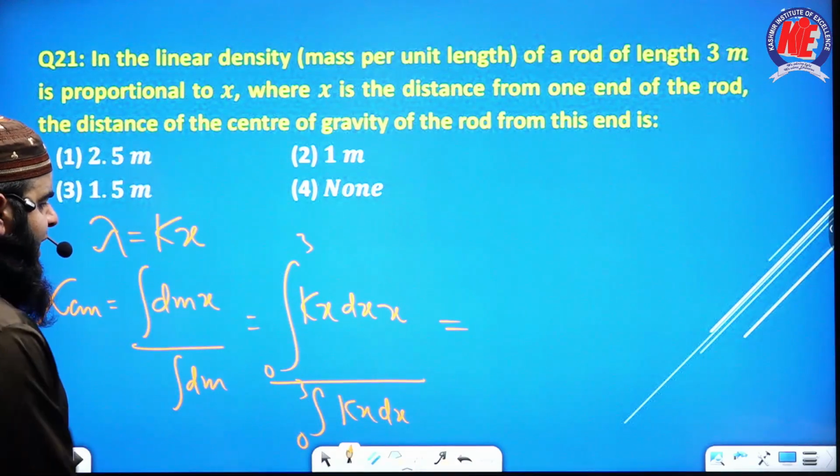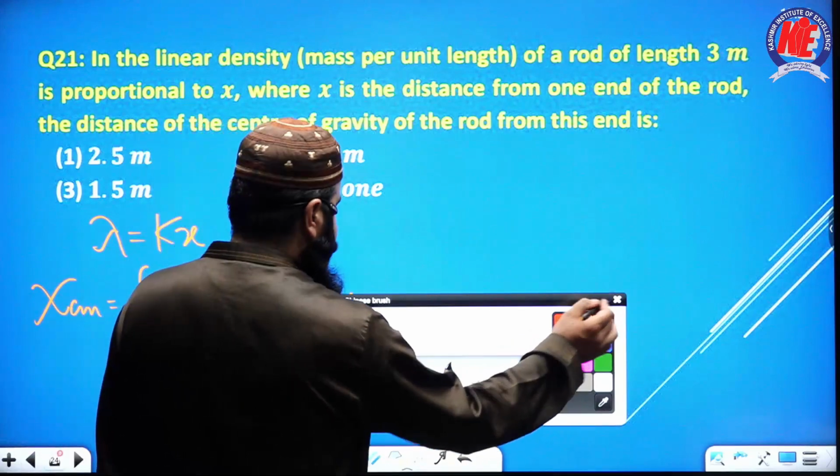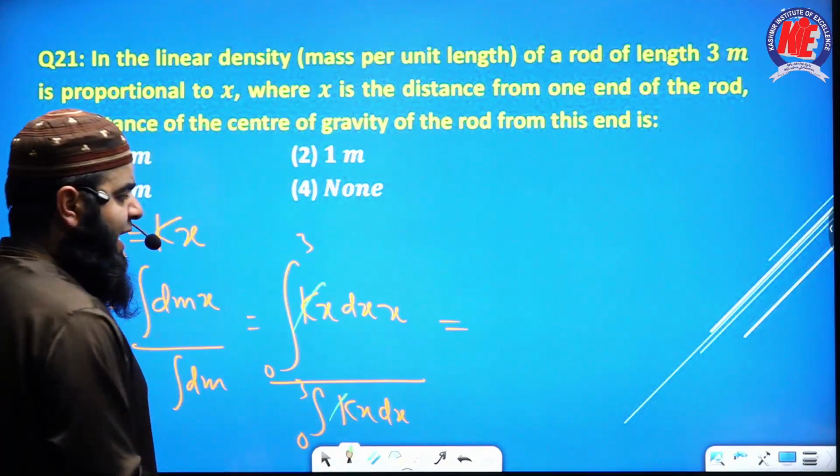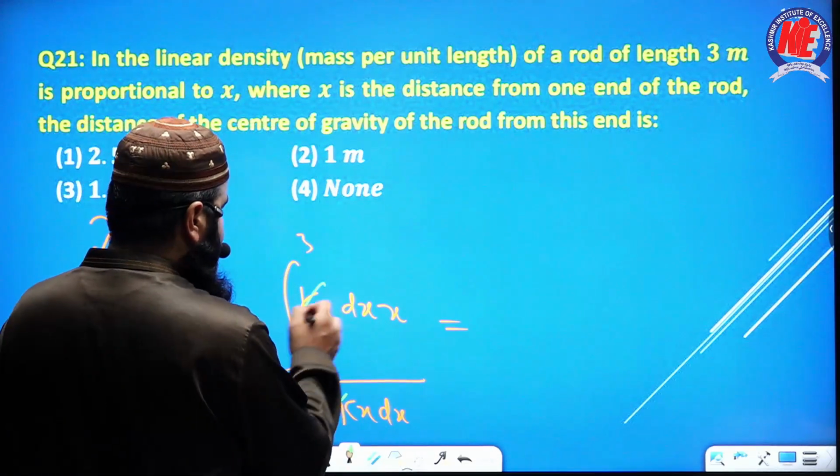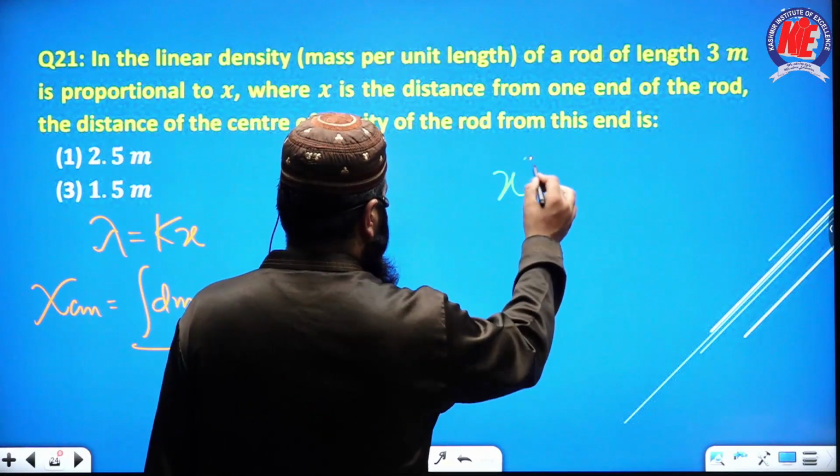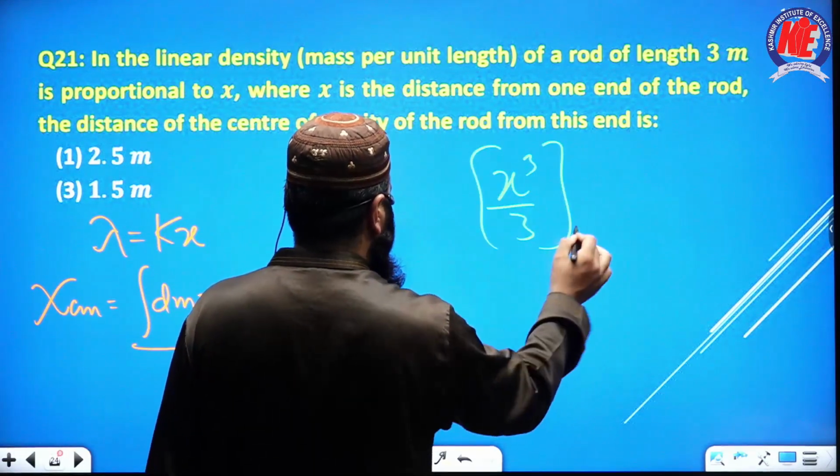यहाँ पे आइए, k can be eliminated in numerator and denominator. K and k will go. तो ऊपर x into x, x square है, उसकी इंटीग्रेशन बनेगी बेटा x cube upon 3 and the limits are from 0 to 3.